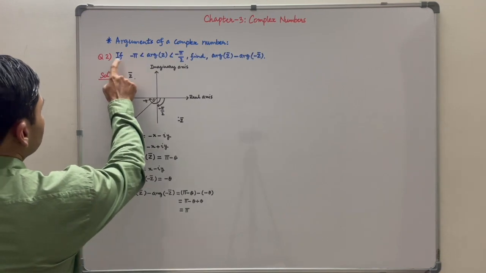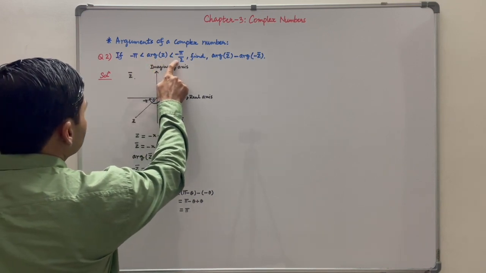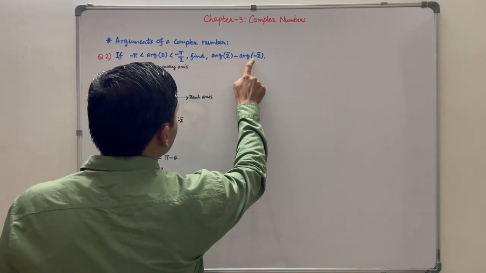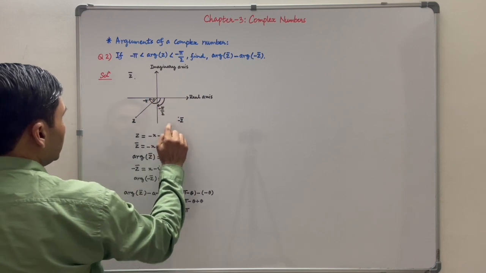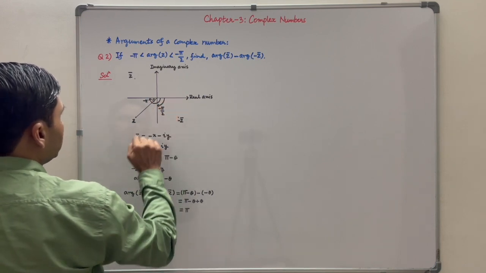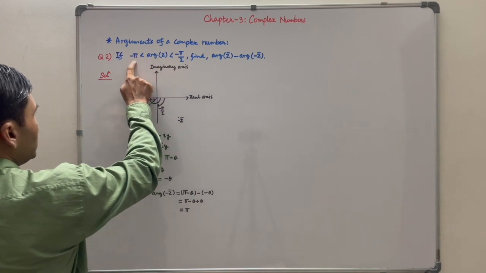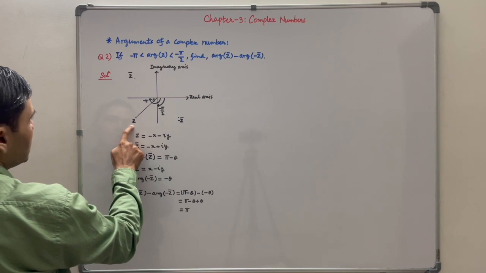Second question, if argument of Z lies between minus pi to minus pi by 2, find argument of Z bar minus argument of minus Z bar. This angle is minus pi and this angle is minus pi by 2. It is given that argument of Z lies between minus pi to minus pi by 2. That means Z lies in third quadrant.